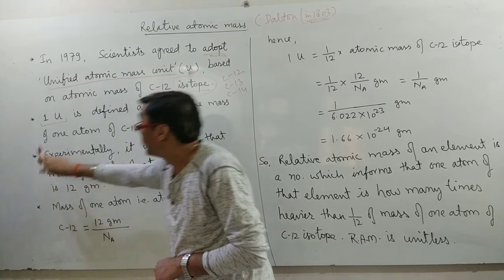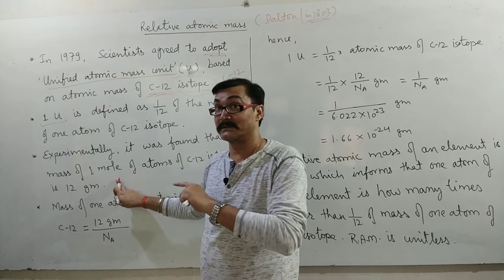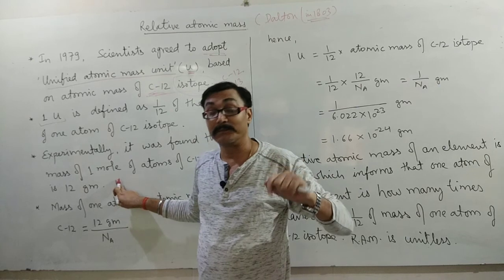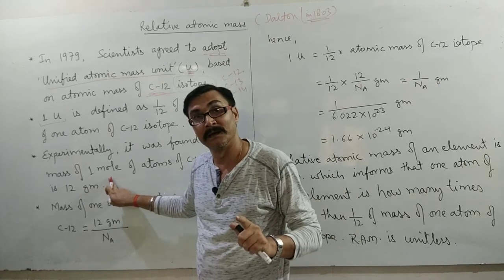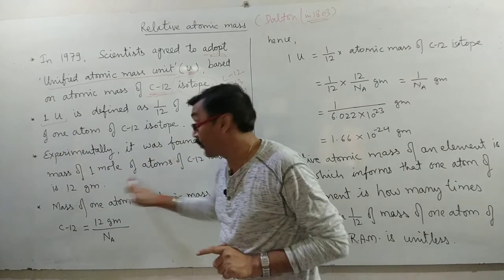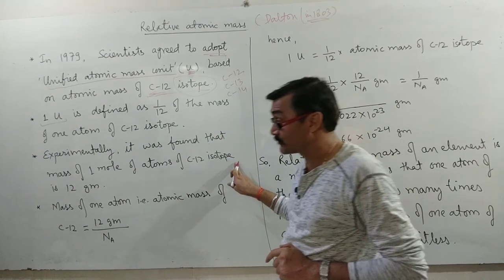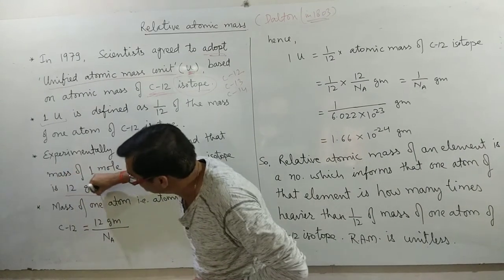Experimentally, it was found that the mass of 1 mole of atoms, and in the previous video we have studied what is mole, Experimentally, it was found that the mass of 1 mole of atoms of carbon 12 isotope is 12 gram. It is an experimental value.